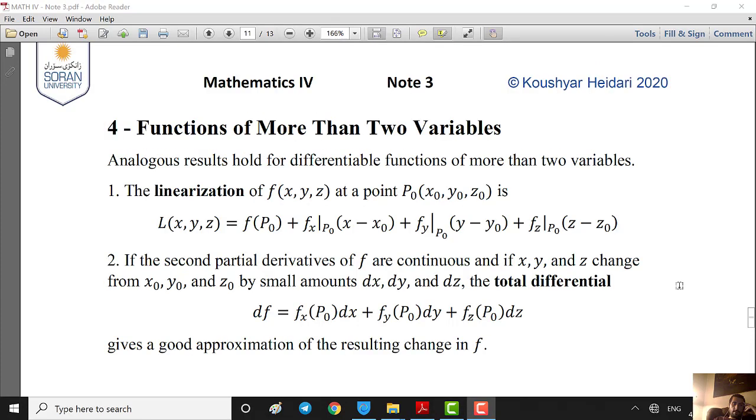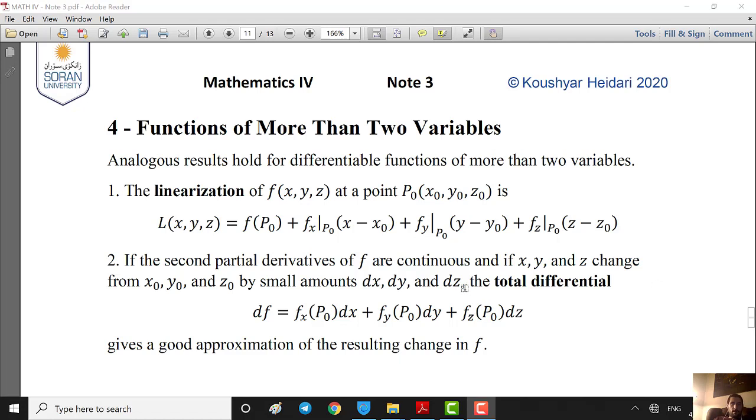Now, guys, after solving these examples, we're going to try to generalize the concepts that we've learned so far for a function of more than two variables. If the function f depends on any number of variables, then we can also, under some circumstances, find a linearization and a total differential for it.